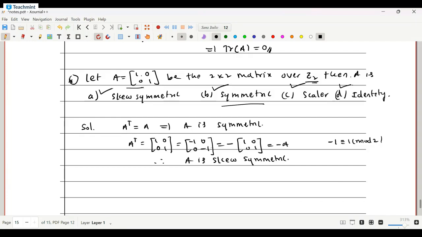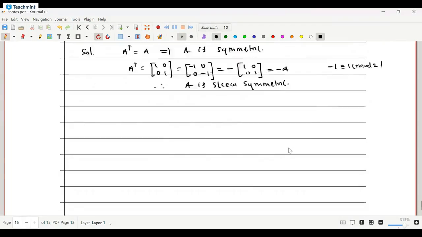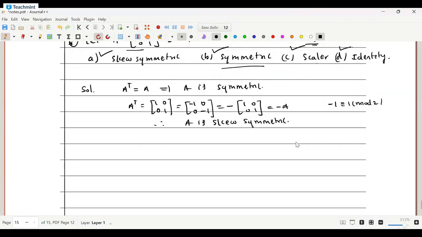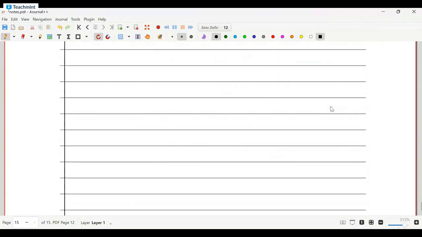And also A is a scalar matrix, sir, where k is equal to 1. It is a scalar matrix and also identity. So A is all of them. Therefore A is skew symmetric, symmetric, scalar, identity.